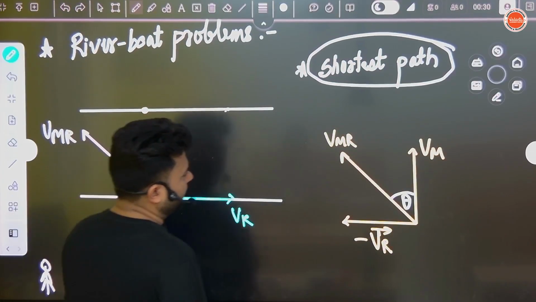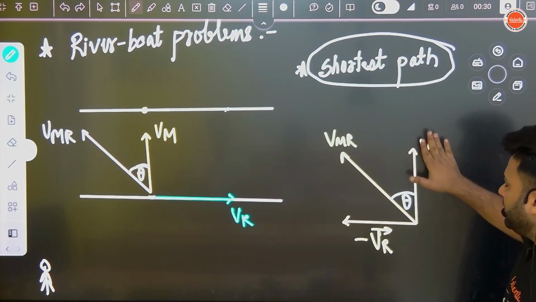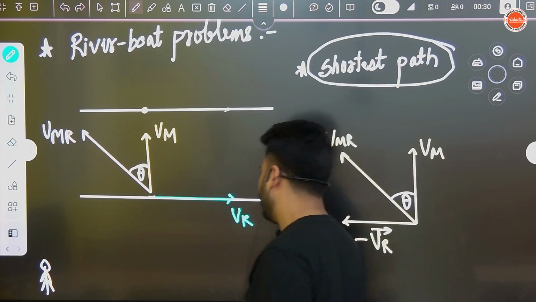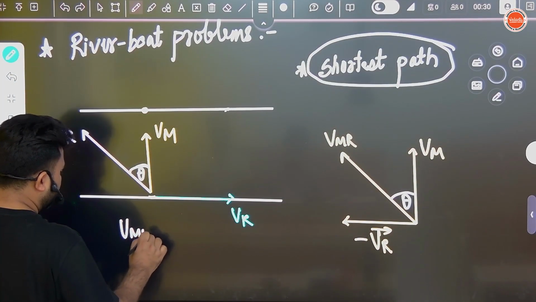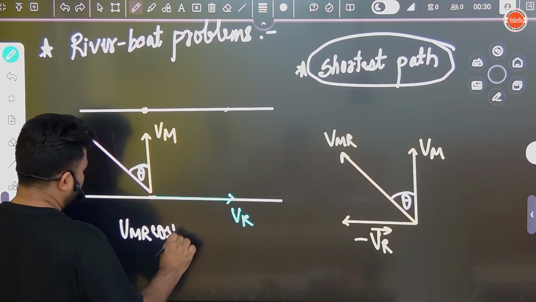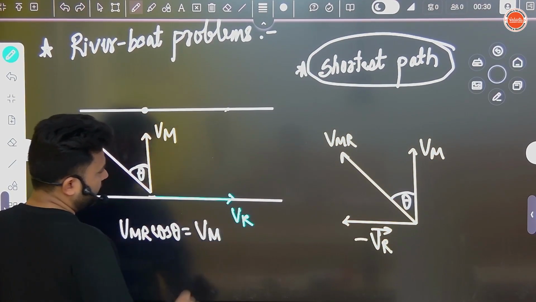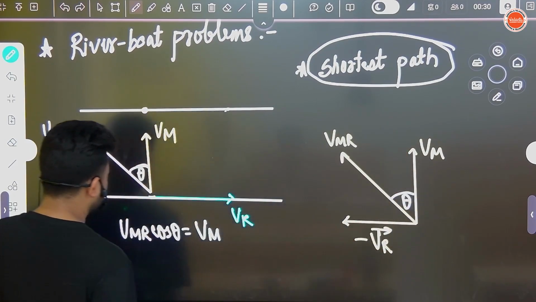See again, this is VMR, this is theta. If I rotate towards theta, we will get the cos component, VMR cos theta. So VMR cos theta is equal to VM. One component in this direction and one component in this direction.